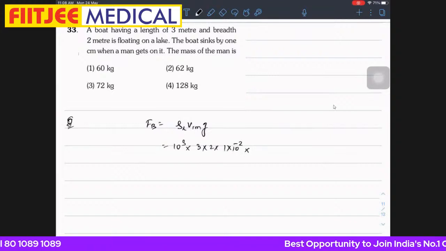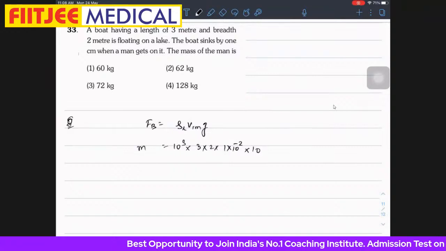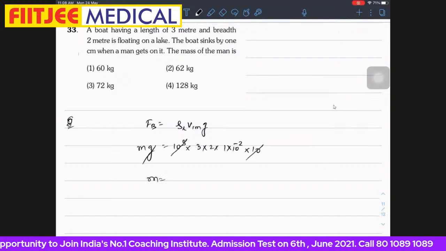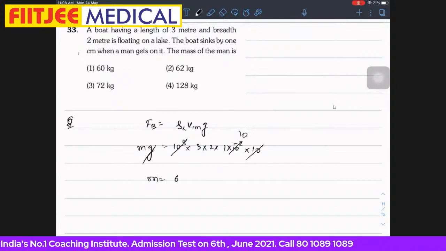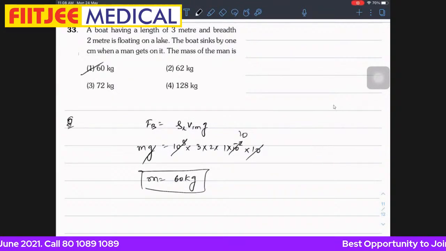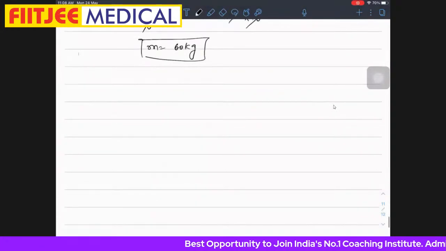What is the value of g? 10. This buoyancy force should be equal to what? Mg. So this g and g will cancel. So what can I write? M. This will come to 60 kg. So which option? Option A. Let's take one more question.